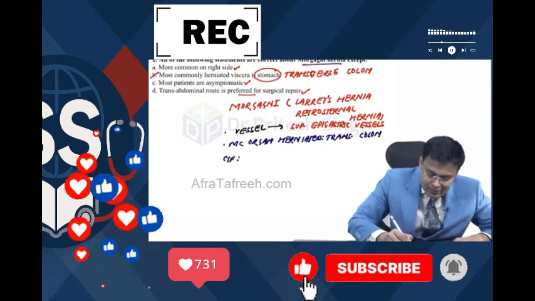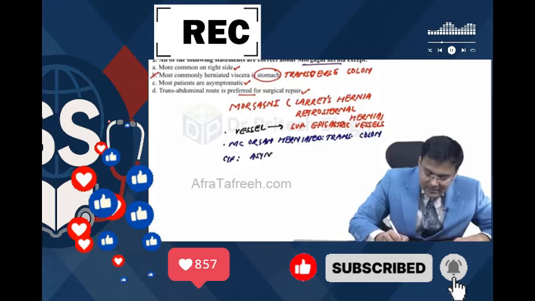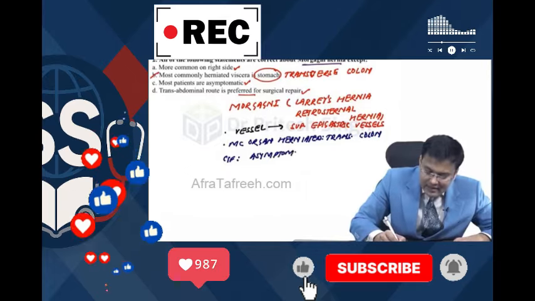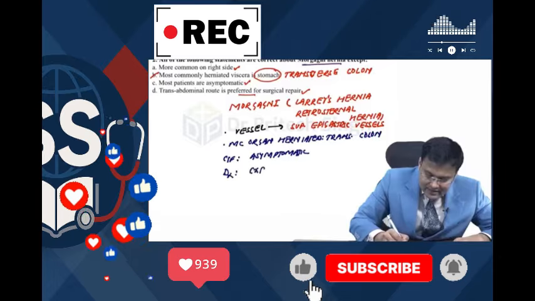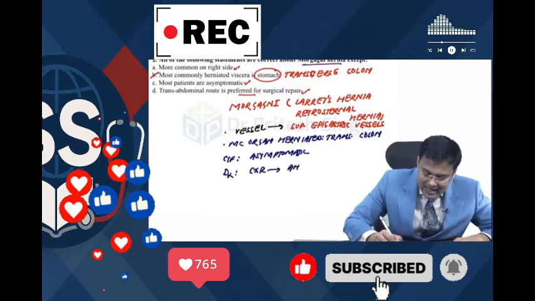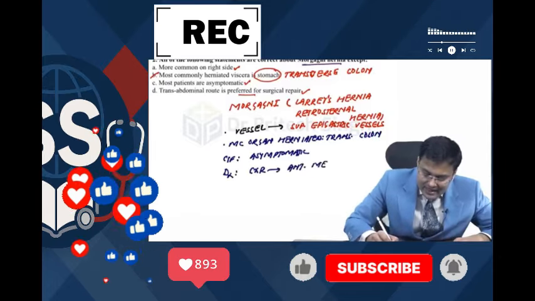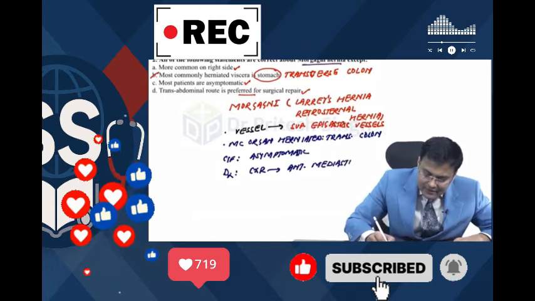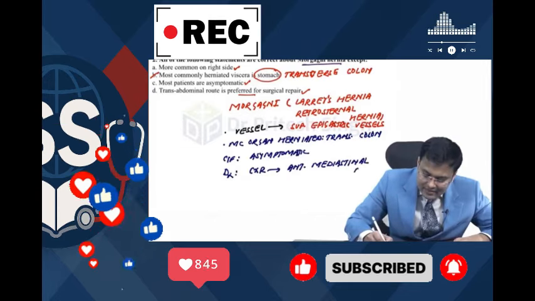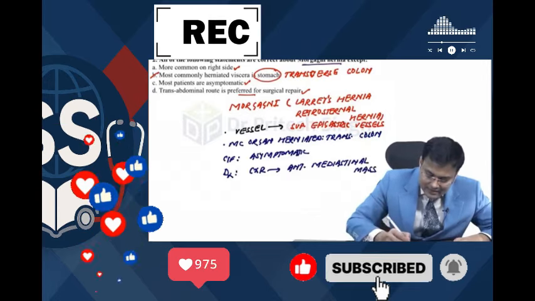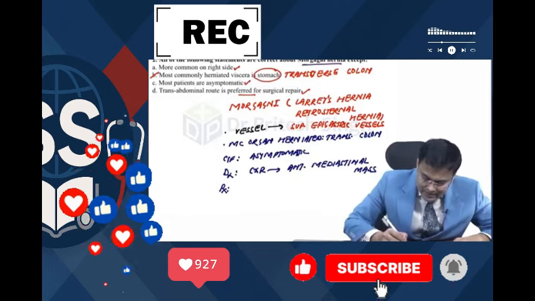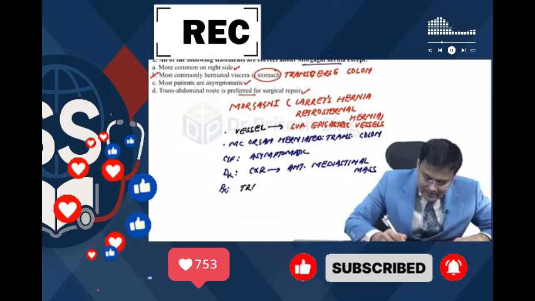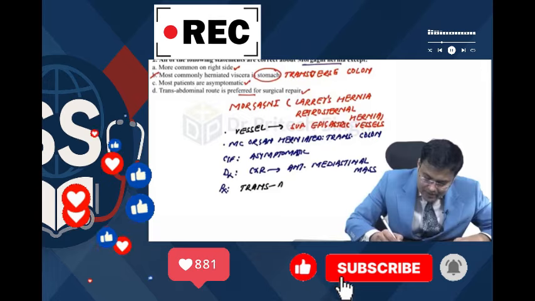In clinical features, most patients are asymptomatic. Again, it's diagnosed by chest X-ray, and we find an anterior mediastinal mass. And what's the treatment? Surgical repair via the transabdominal route.